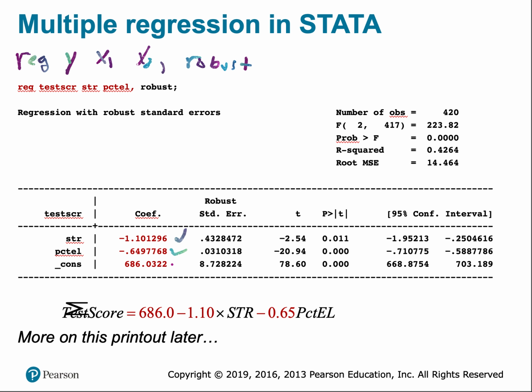Our intercept is about 686, and notice that these are all statistically significant. The intercept and the percent of English learners are statistically significant at 5%.